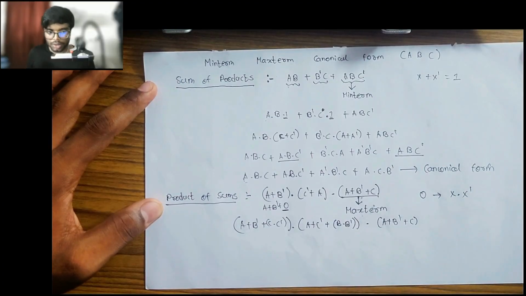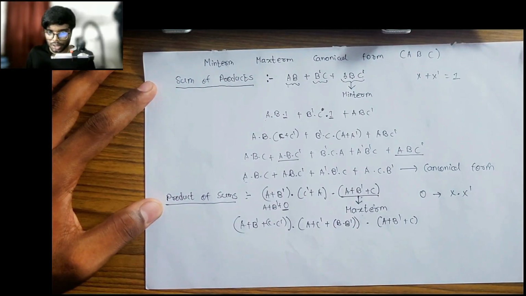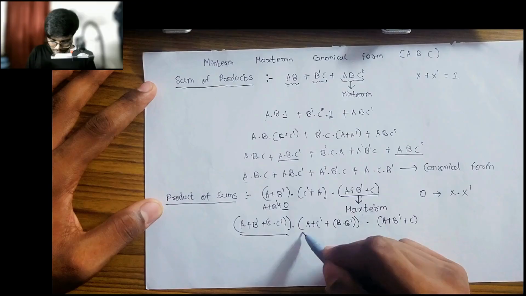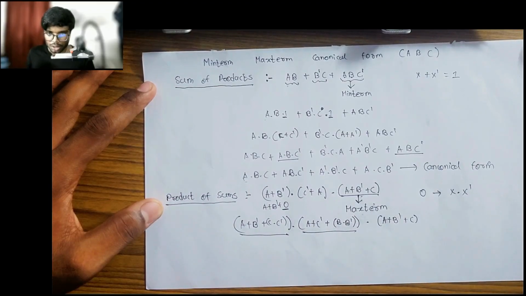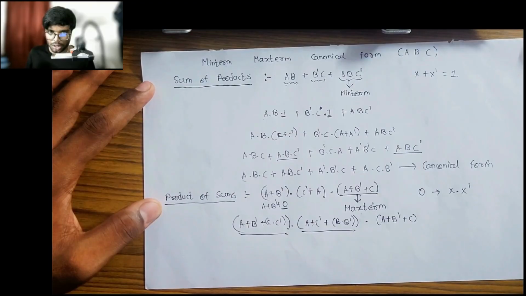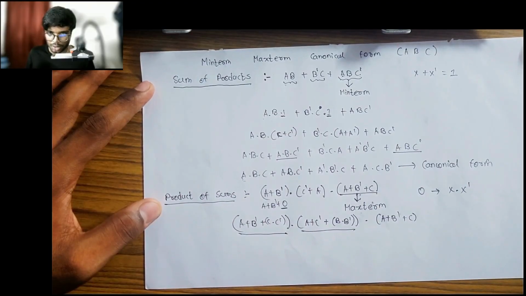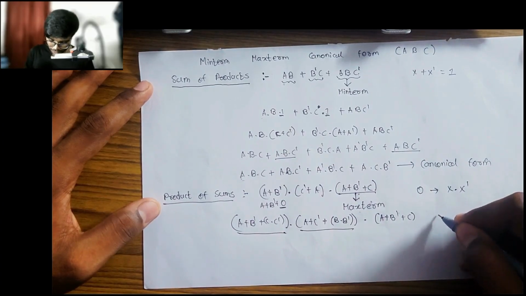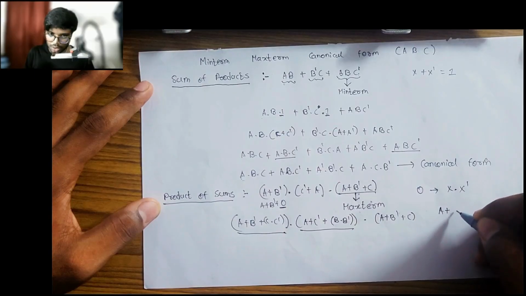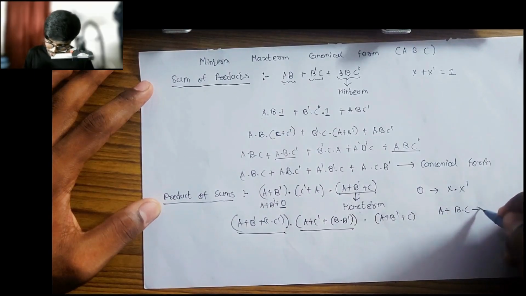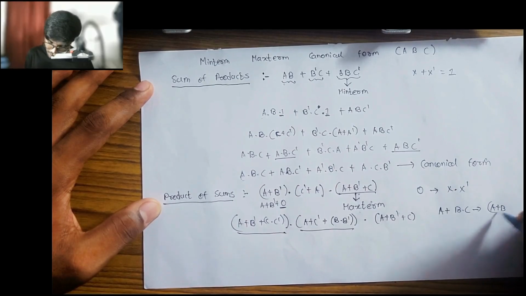Now again we use a reverse distributive property here to expand these terms. The reverse distributive property goes something like this. If there is A + B·C, it can be written as (A + B)·(A + C).